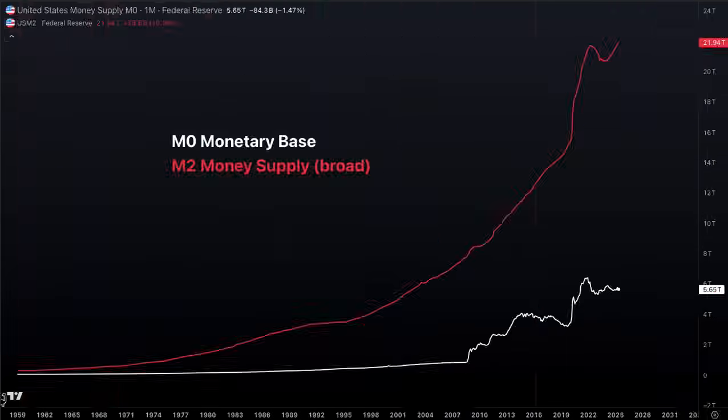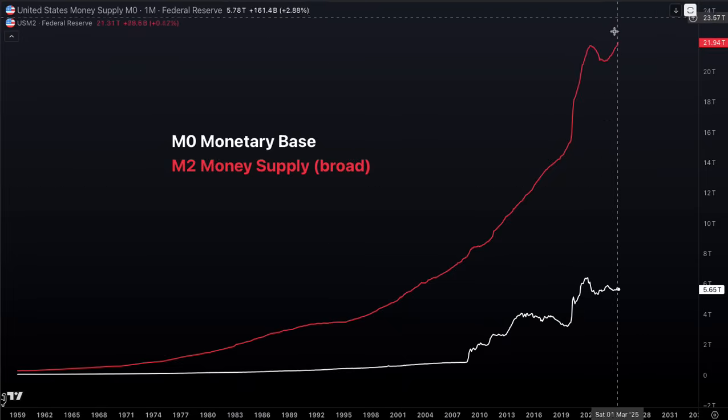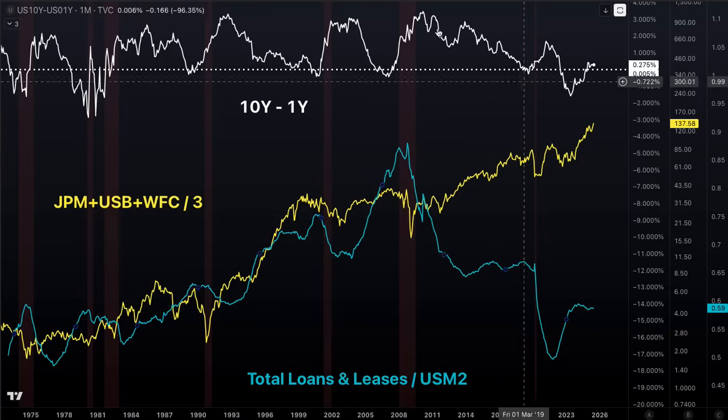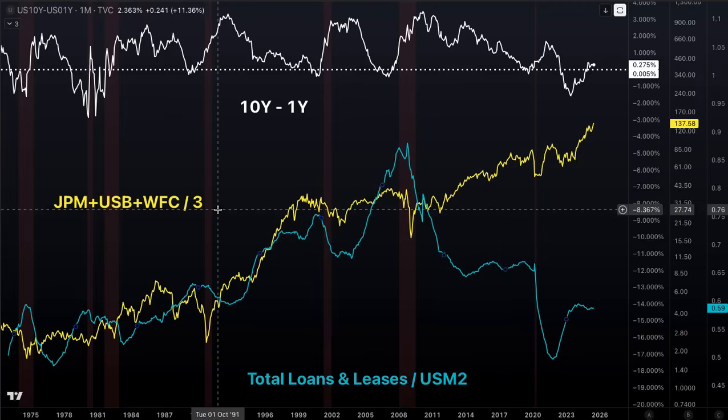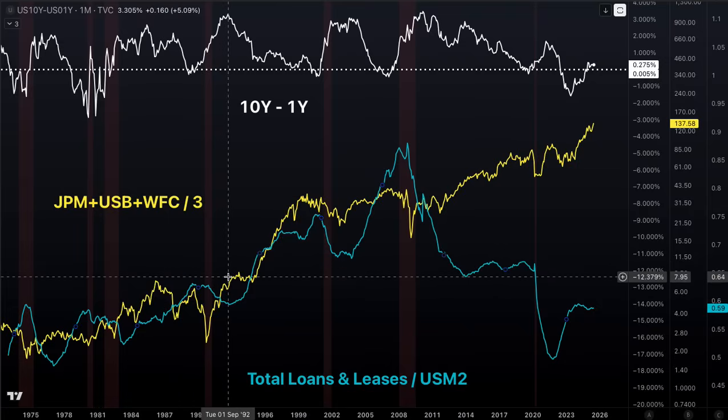We already established that even the official M0 to M2 is 4x levered. Once you start looking at all the dollars in the modern day US economy, we're talking like 10, 15, 20, 30x levered. So I think it's important to look at the banks. And that's what this yellow line is showing. This gets into how the bond market can cause a recession.